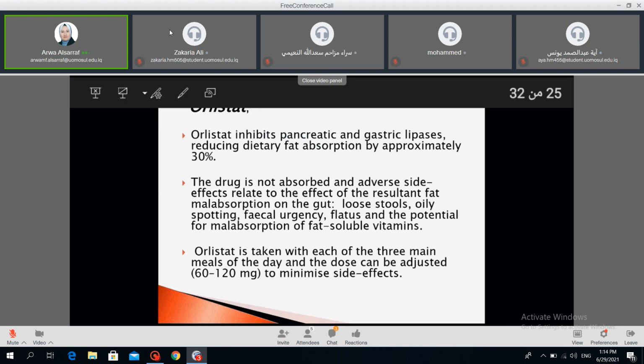The problem of this drug is it will not be absorbed, and adverse side effects will be related to the fat malabsorption.